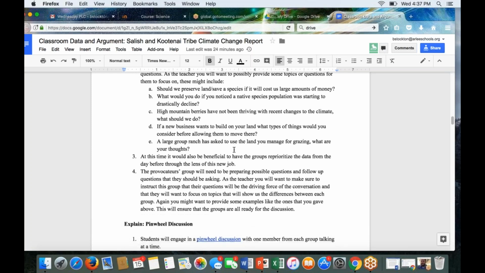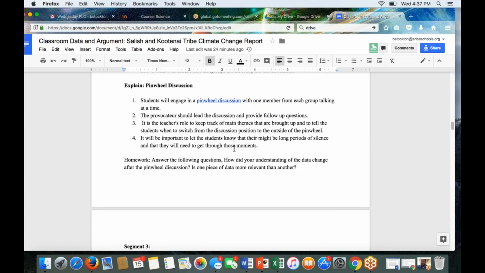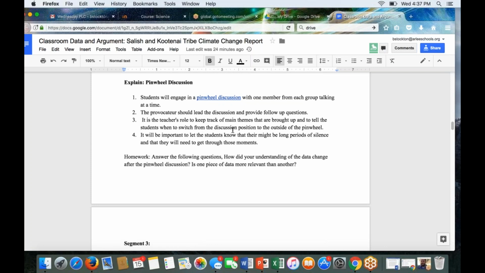After that, we do what's called a pinwheel discussion, and I don't know how familiar people are with this, but essentially you have all the desks facing the interior of the classroom, and one student from each of the 4 groups would be in the center of that pinwheel, and the people in the same group would sit behind them. Only the people in the middle of the pinwheel are allowed to discuss.